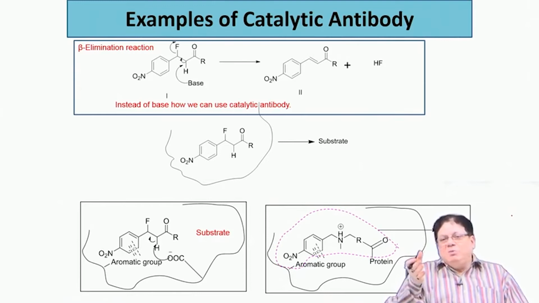Like in chymotrypsin, at the catalytic site there is a catalytic triad: serine, then histidine and aspartate. If you can generate these three artificially at the proper positions, then you can make an antibody which will catalyze like chymotrypsin.